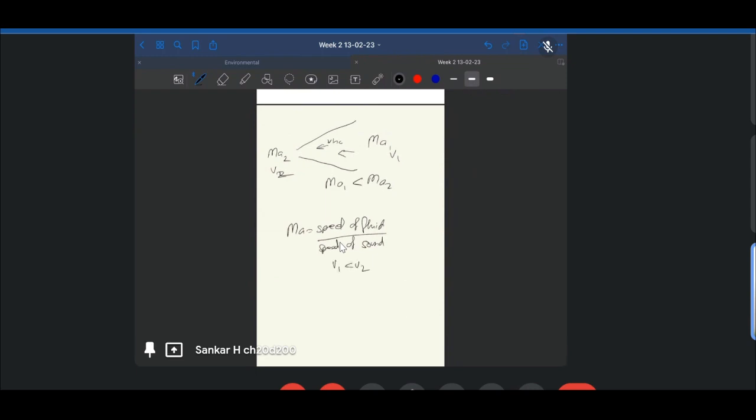Exactly, what you're saying is true. But then, if the Mach number at area 1 is supersonic, then the Mach number will reduce. That's how the theory is framed.